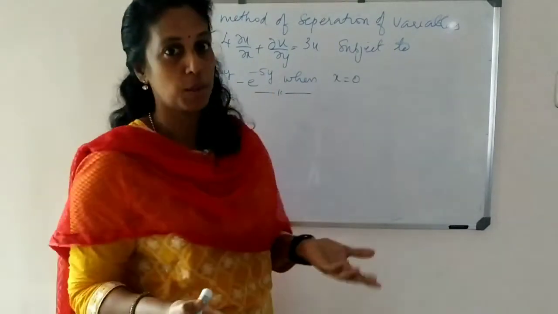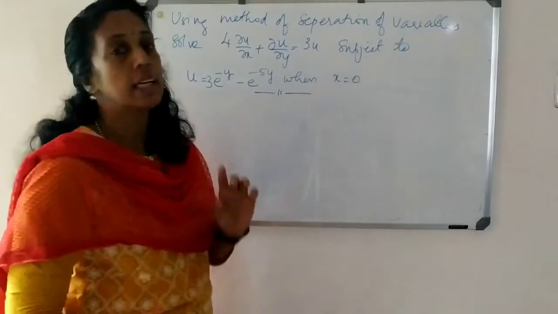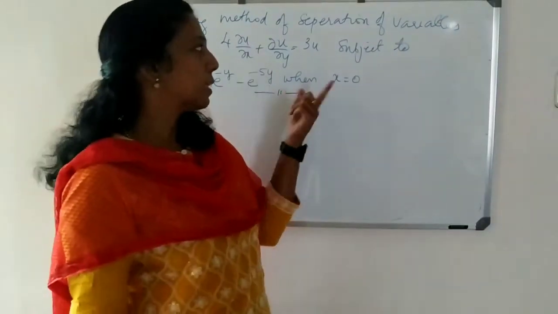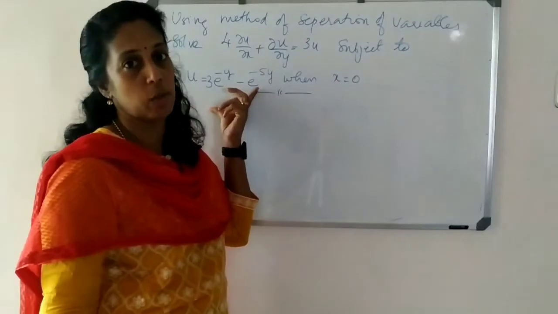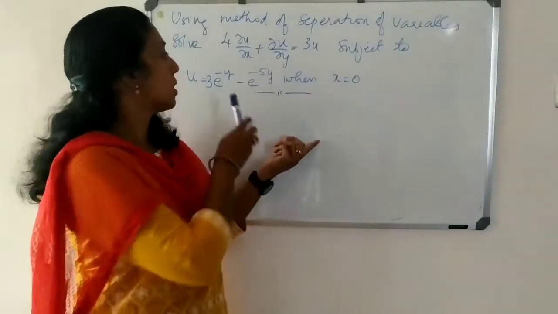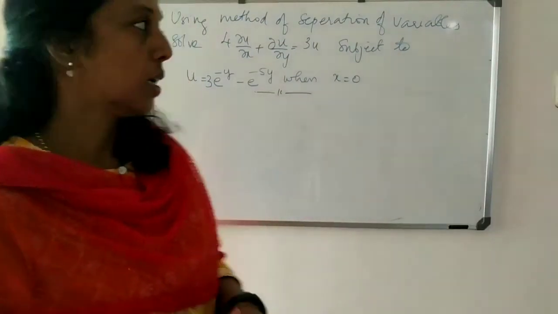You might have noted this is the same problem, but the only difference is the initial condition. In the earlier case, u was e raised to minus 5y when x equal to 0. Here there are two terms. Now let us see how we will do the solution.